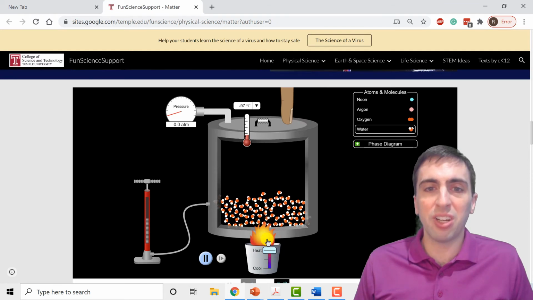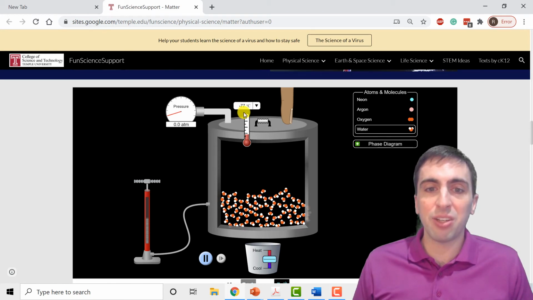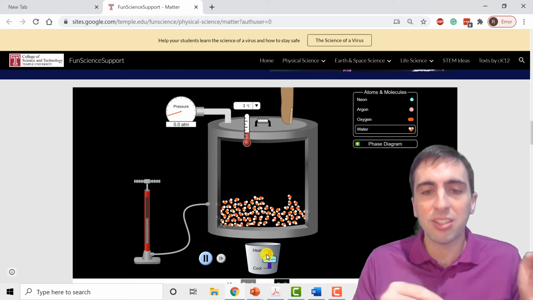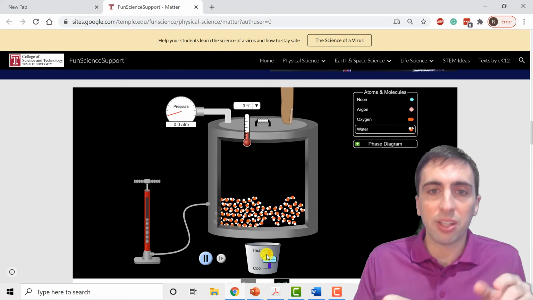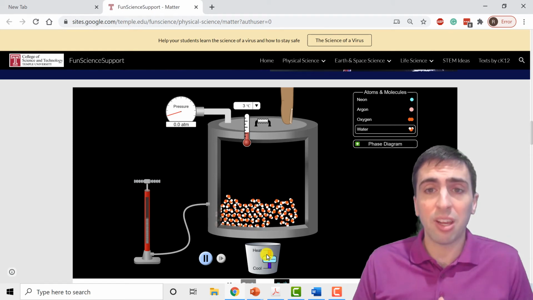Let's see if we can turn it into a gas. Wow, we're only at minus 77 degrees, still a solid. Keep moving. Here we are at 3 degrees Celsius. We can see that the water molecules are starting to move around a little bit.